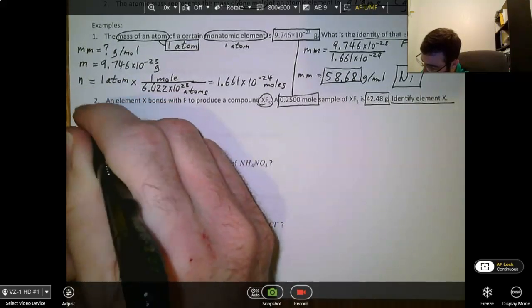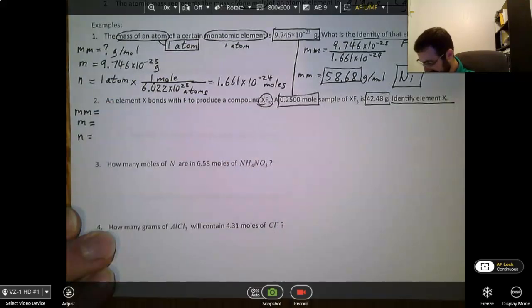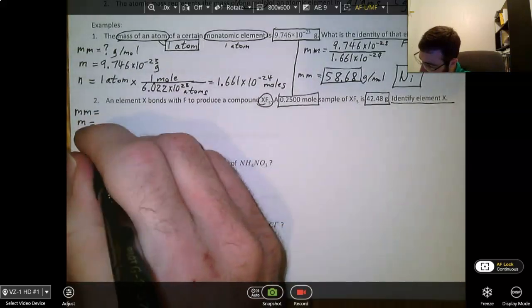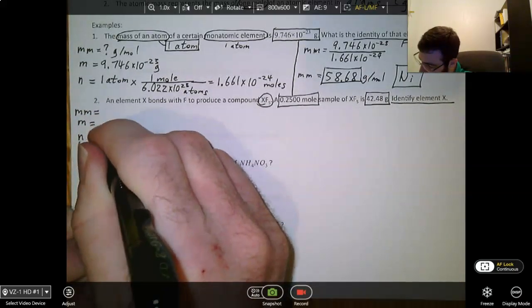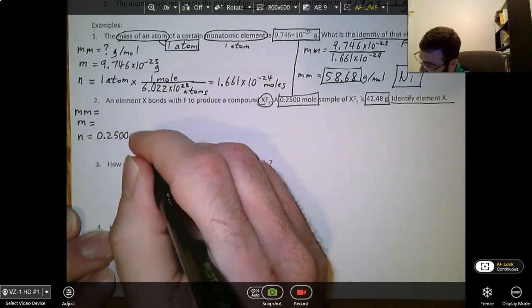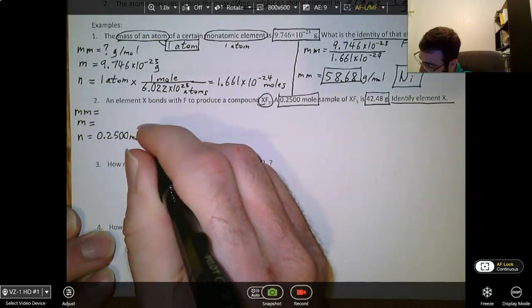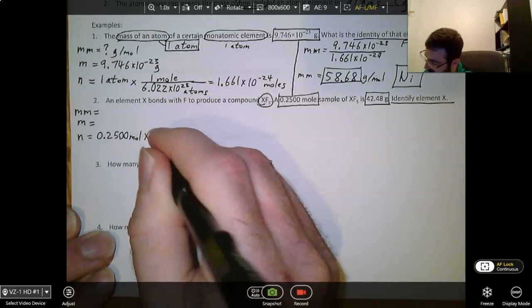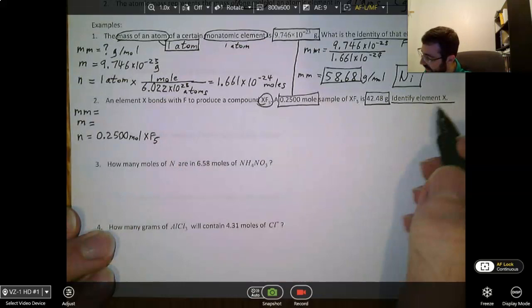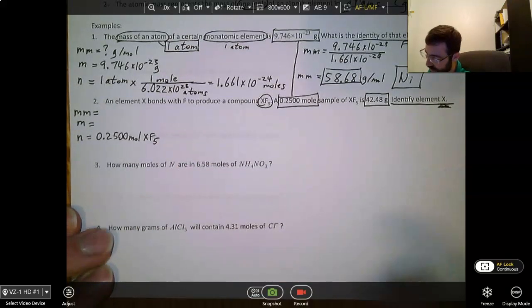I'm going to go ahead and use that formula. I have moles given, and by the way, that's moles of XF5. It's important to recognize we're not just trying to find the mass of XF5. We want to find the identity of element X. So we'll get around to that.